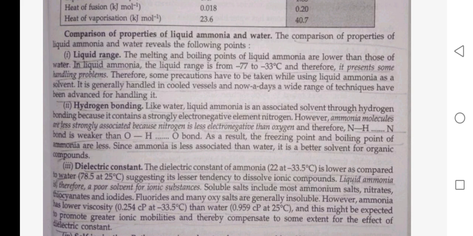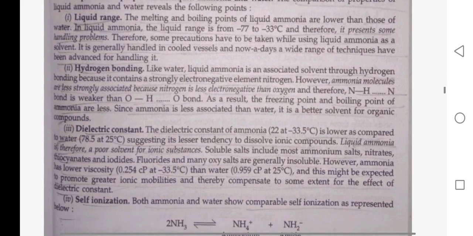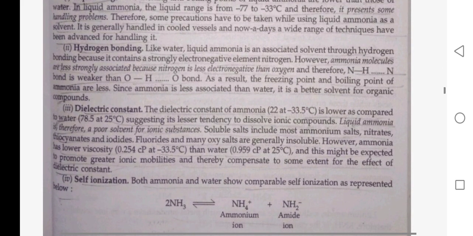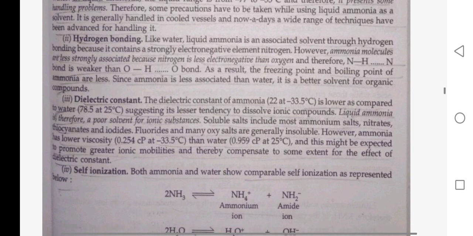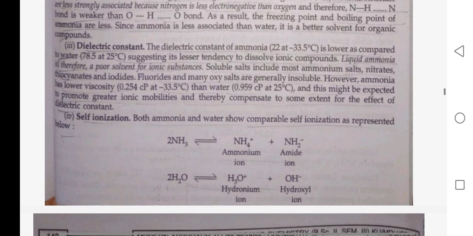Fluorides and many oxysalts are generally insoluble. However, ammonia has lower viscosity than water and might be expected to promote greater ionic mobility, and therefore compensate to some extent for the effect of the dielectric constant.